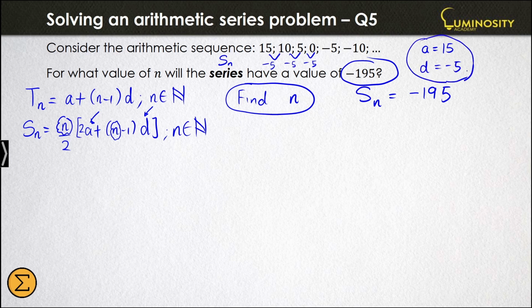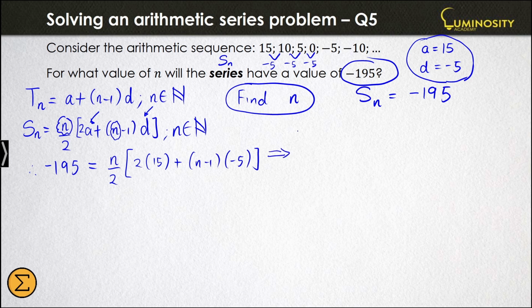Okay, so knowing that, I can then say, therefore, -195 equals n over 2 into 2 times 15 plus n minus 1 times -5. So the goal is to solve for n here. So you get -195 equals n over 2. 2 times 15 is 30.